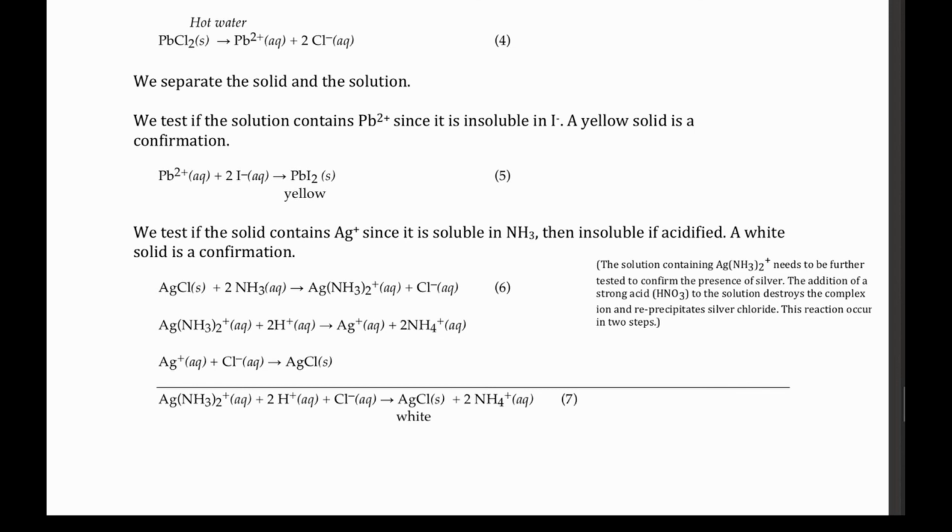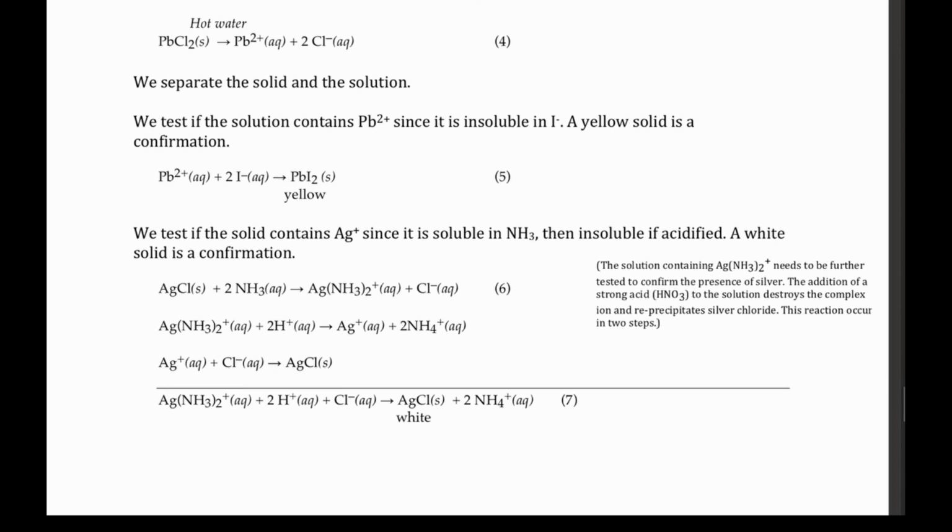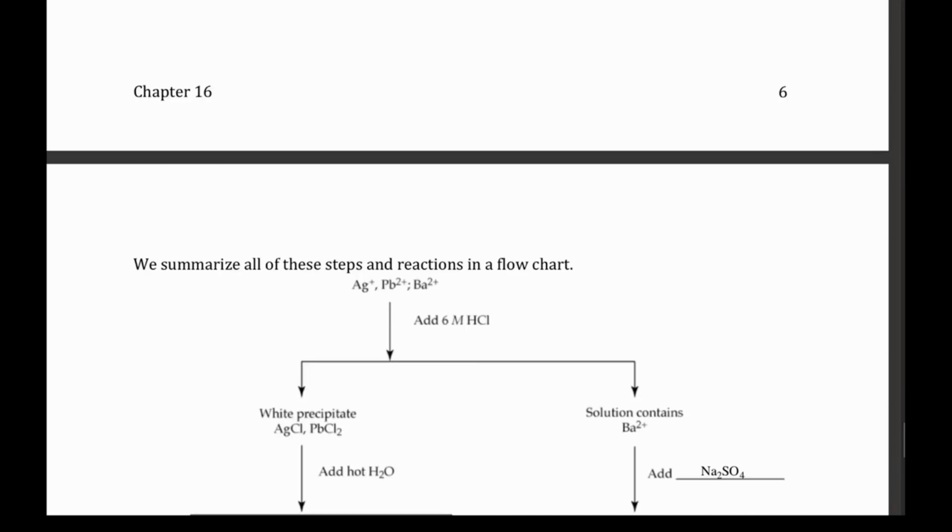Now remember that according to reaction 6, we have chloride sitting in that test tube. So the silver ions and the chloride ions would cause a solid to form. The overall reaction for adding the ammonia is given in reaction 7. So that would indicate that we have the silver ions for sure. Okay, so those are how this will react.